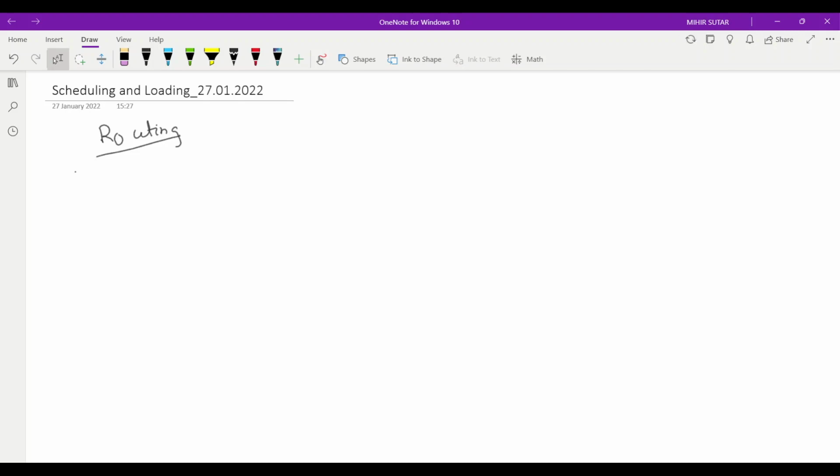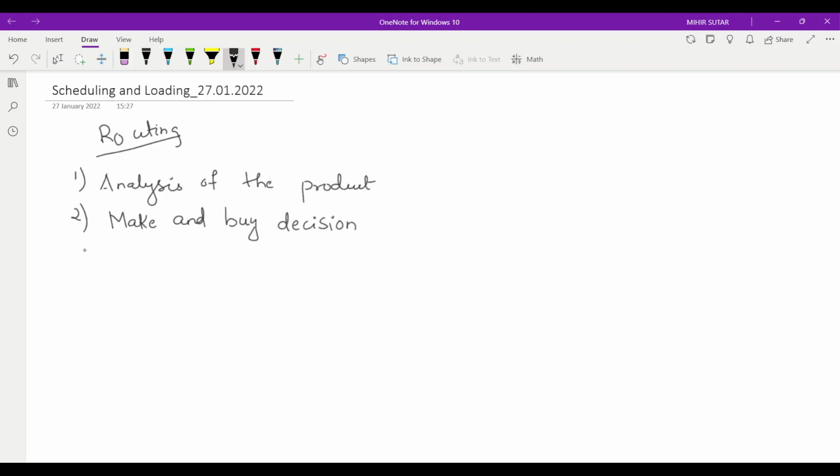So different steps. Number one, analysis of the product. All of you please note down, analysis of the product. Then make and buy decision. I'll explain each and every point. And third one is raw materials requirement.